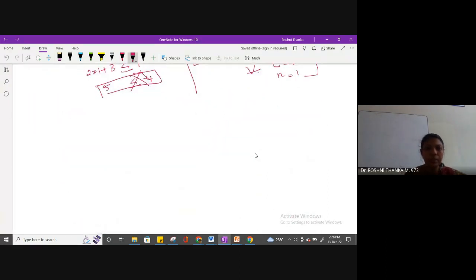So what is the next notation? The best case. The best case is denoted by omega, right? How will I state the definition of omega? I hope you remember. Can anyone remember the definition of omega? Our function is denoted as f of n, the function we give for our algorithm.